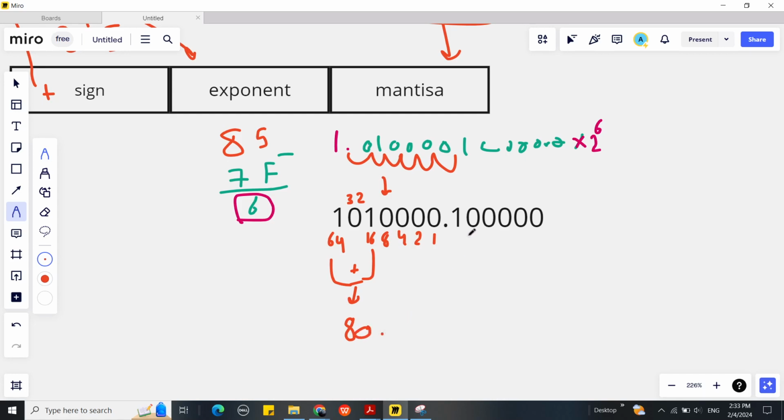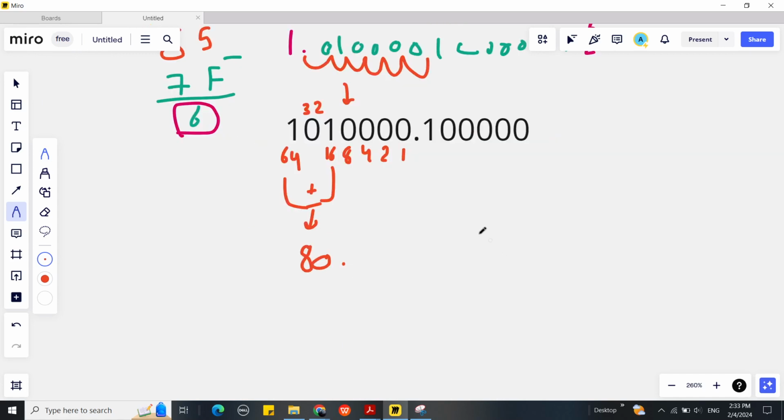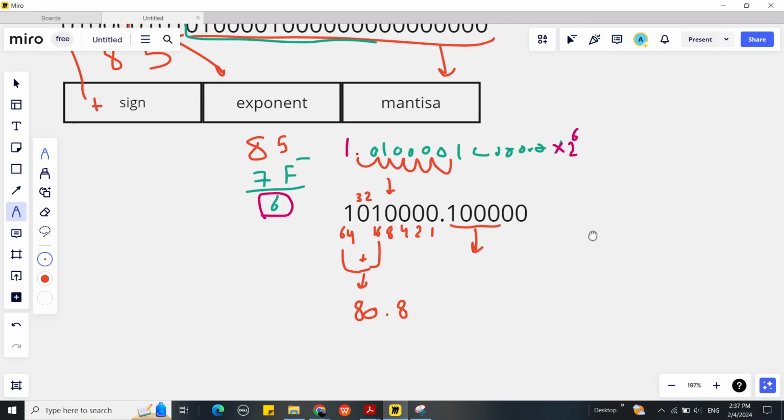Yeah, it gives me 80. And then the rest are these 4 bits, which gives me 8, and this 8 goes here. So it's going to be 80.8. I'm sorry.